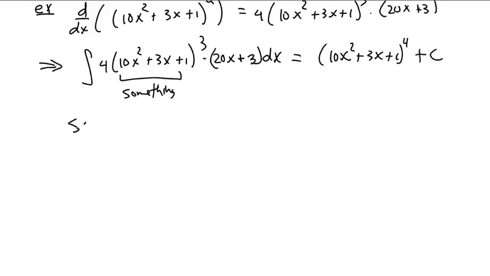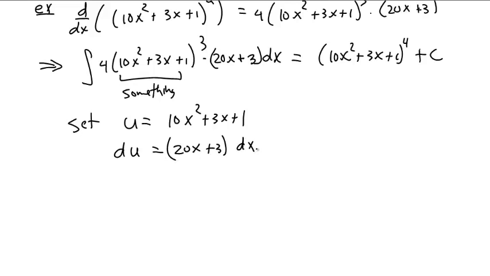And so you set u equal to 10x² + 3x + 1. You then get the differential. du is (20x + 3) dx. Remember, the differential is basically taking the derivative, but instead of saying du/dx equals 20x + 3, you just say du equals (20x + 3) dx.